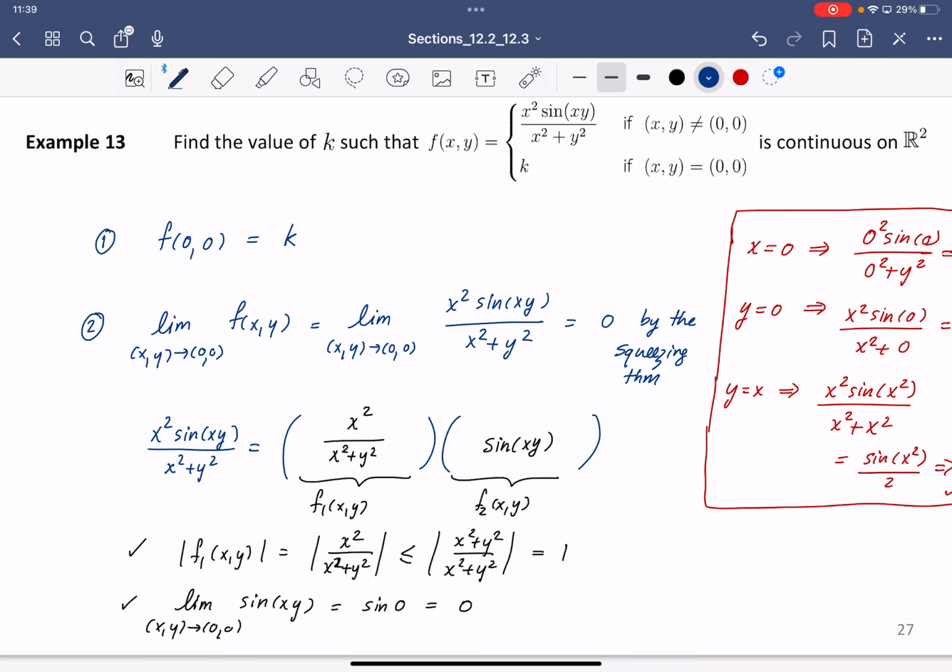Conclusion: to make sure f is continuous, we need k equal to 0, because the first condition gives k, the second gives 0, so k must be 0 and the continuity holds.